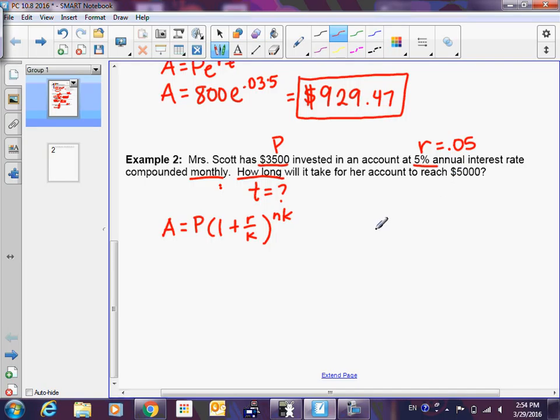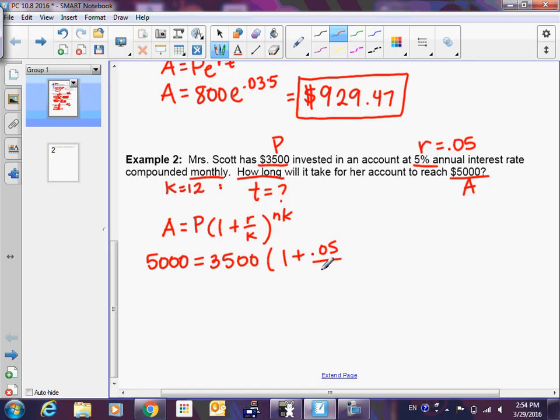If you make R 5, you're doing 500%, which will look like it earns you a lot of money, but it won't be correct. Okay, what about monthly? What is monthly telling us? K equals 12. And then 5,000, before we were finding A, here they're telling us A. So we're going to put 5,000 here, 3,500 here.